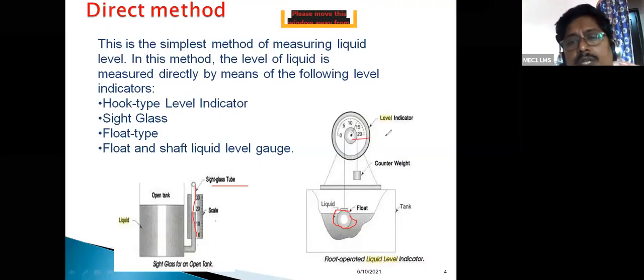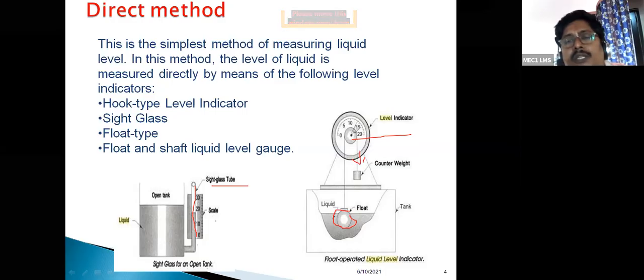When the level of the water in the tank rises, the bob or float also rises. Thereby the counterweight moves in this direction, which in turn moves the rope and the pulley. Thereby the pointer moves on the scale, which indicates the level of a liquid in a tank.